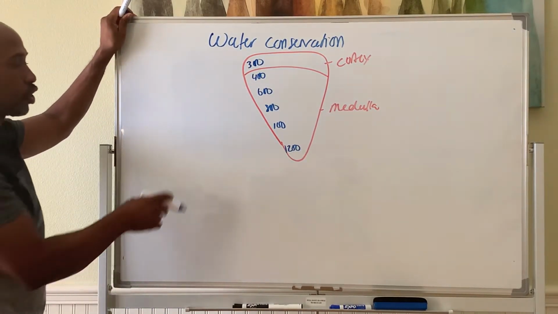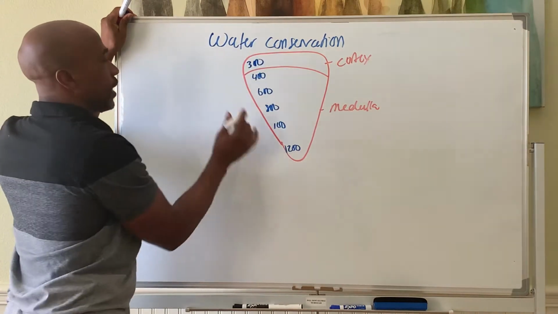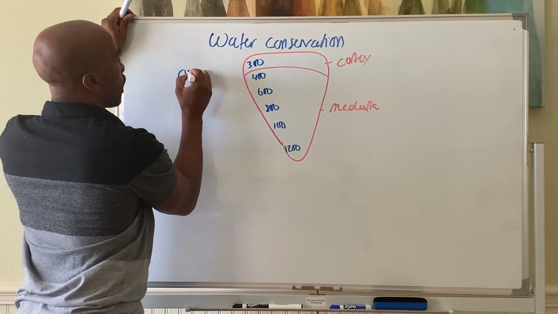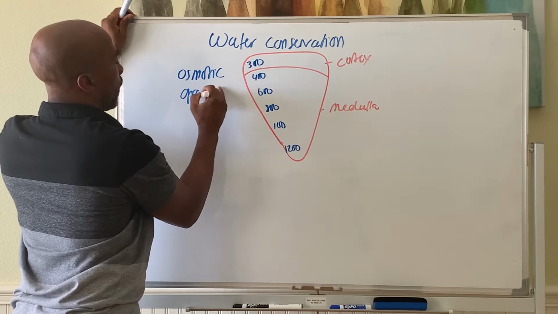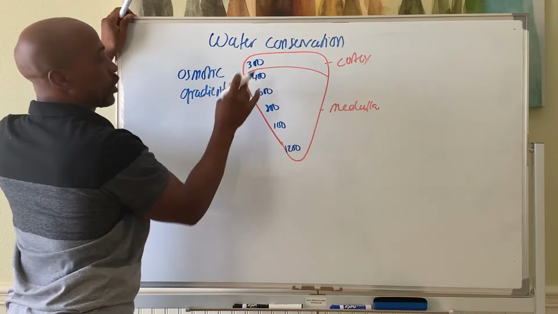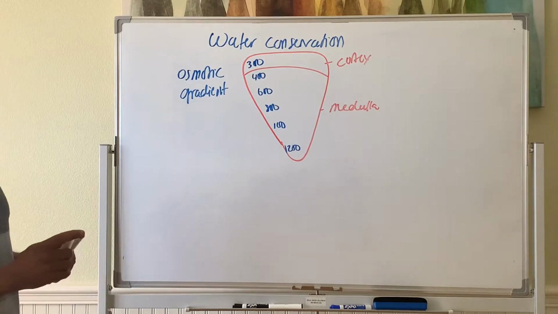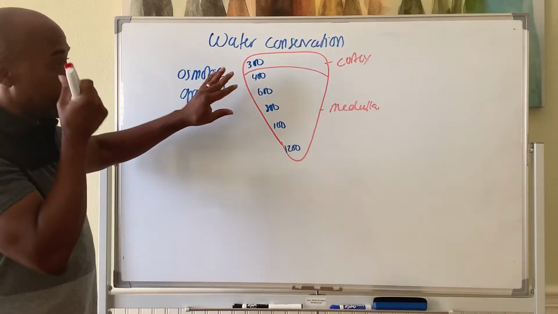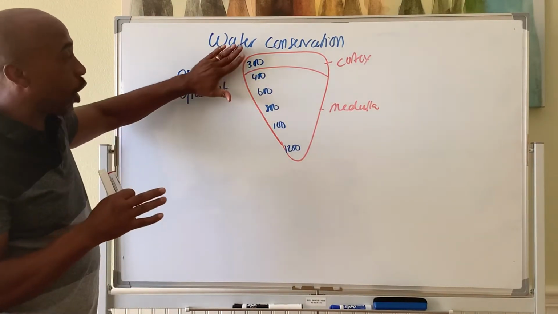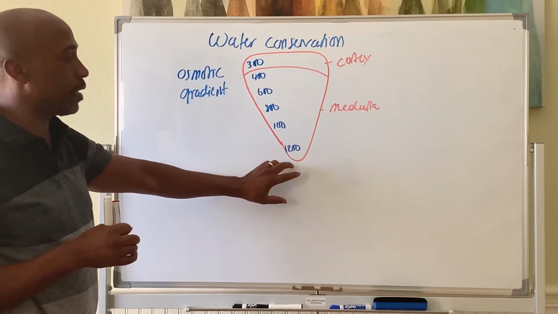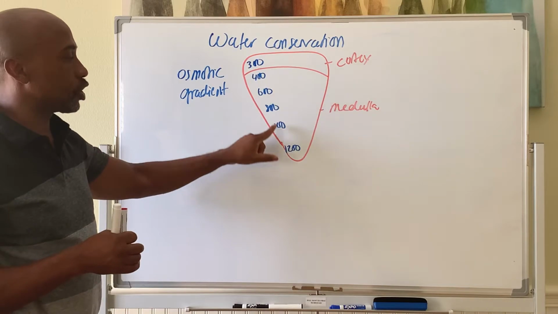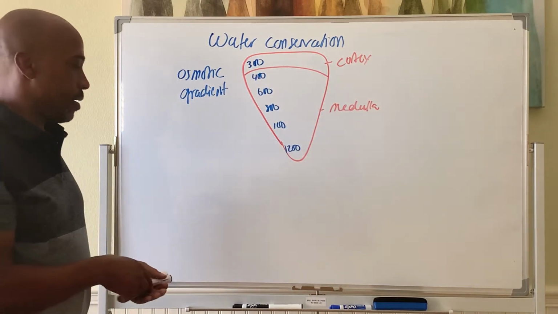That's called the osmotic gradient across the medulla of the kidney. It's maintained that way, where the osmolarity is lower at the cortex, and towards the papilla of the pyramids, it gets successively bigger.